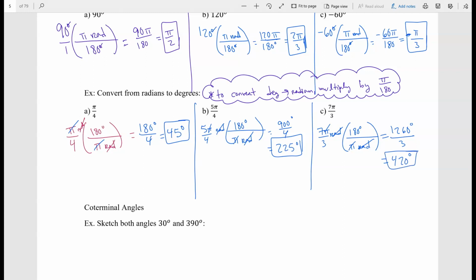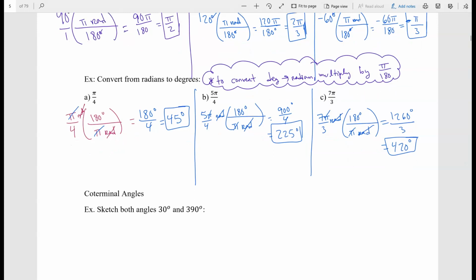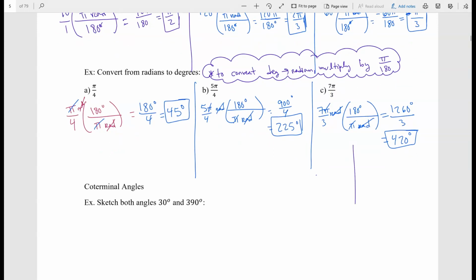Okay, now you're probably wondering, how can I get 420 degrees if I can only get a maximum of 360? Well, you can always think about it this way. So here's my initial side. One full revolution is 360 degrees. But if I keep going, notice that now I have more measure.